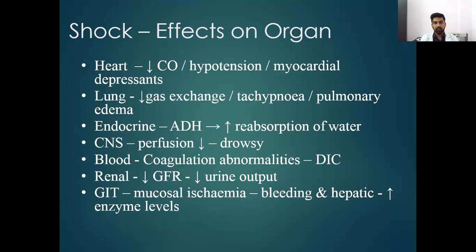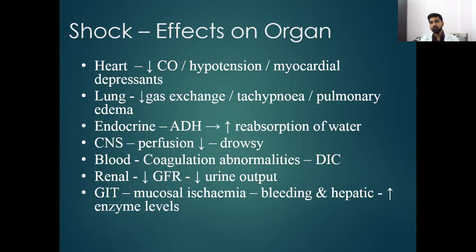Lungs: decreased gas exchange, tachypnea, pulmonary edema. Endocrine: ADH, increased reabsorption of water. CNS: perfusion decreased, so drowsy; blood coagulation abnormalities like disseminated intravascular coagulation can be seen. Renal: reduced GFR and reduced urine output.